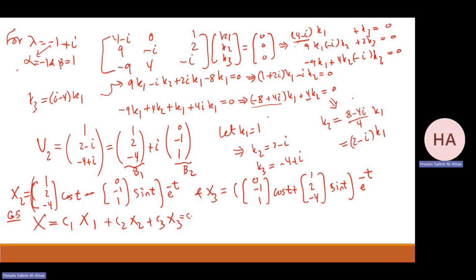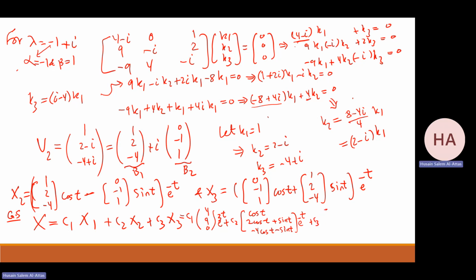That will be C1 times 4, 9, 0 e to the 3t, plus C2 with this one: 2 cosine t plus sine t, minus 4 cosine t minus sine t, all of this times e to the minus t, plus C3.